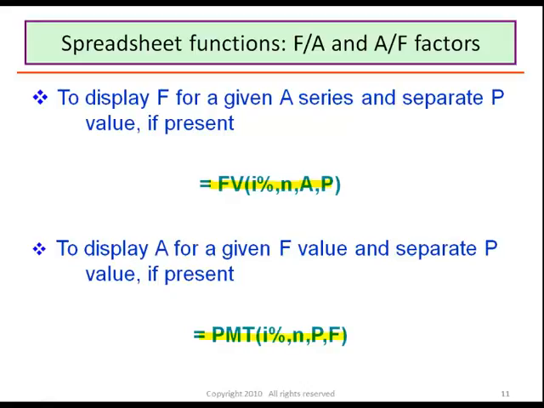If there is no P involved, enter 0 or place the 2 commas next to each other. Remember, the sign displayed on the answer is the opposite of that entered with the parameter A in the FV function or F in the PMT function.